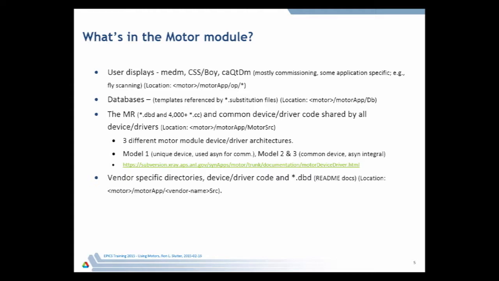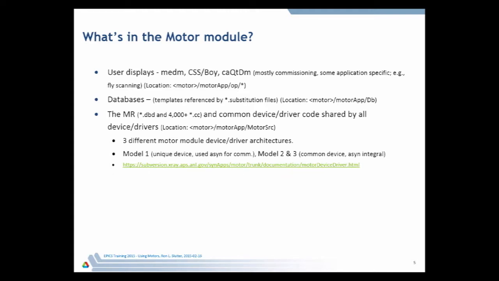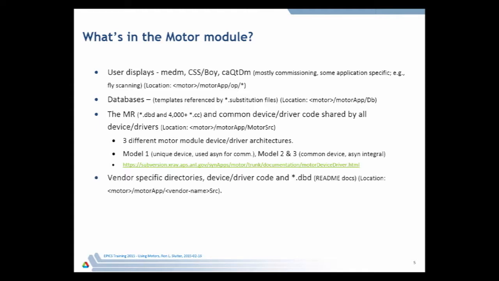There's even less code in it, so that you have a very small file that does the support, and more of the work is done in the common code. Back up here, if you want to get into specifics, there is a document Mark Rivers wrote that's distributed with the motor record.